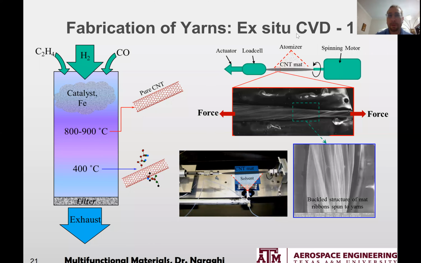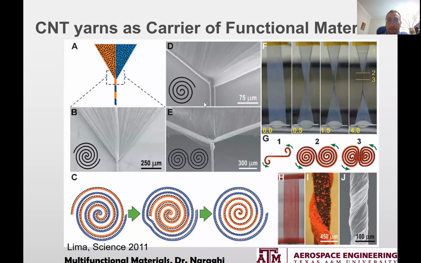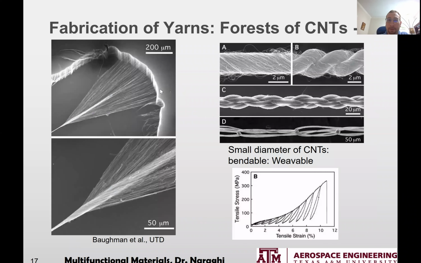So the second method we would like to talk about in making the carbon nanotube yarns is basically the CVD approach. Even the carbon nanotubes in the previous method, the forests were made through CVD, but directly drawn from forests to generate the yarns.